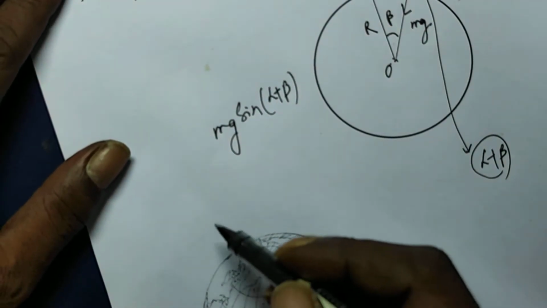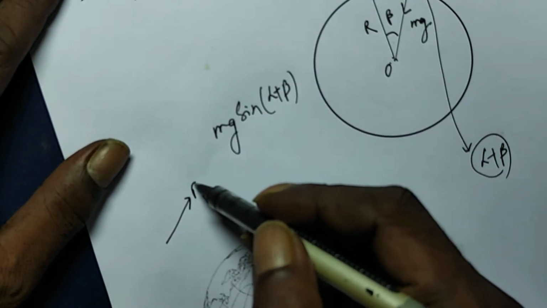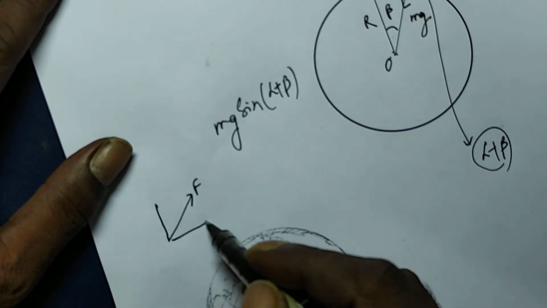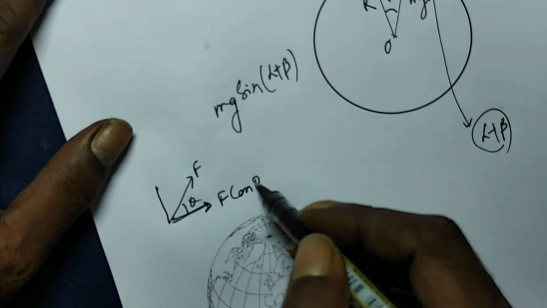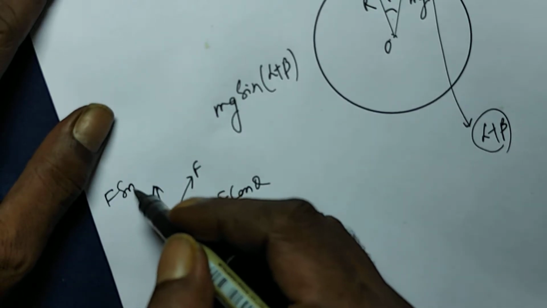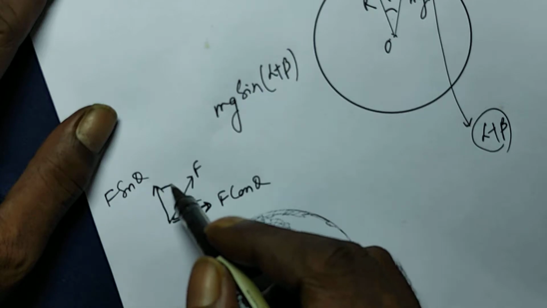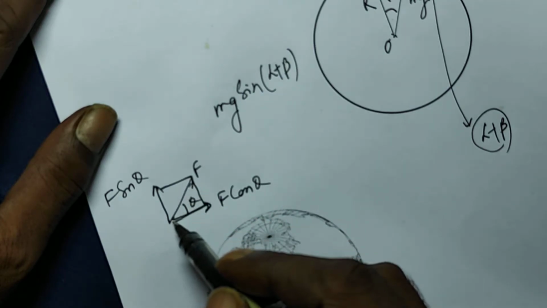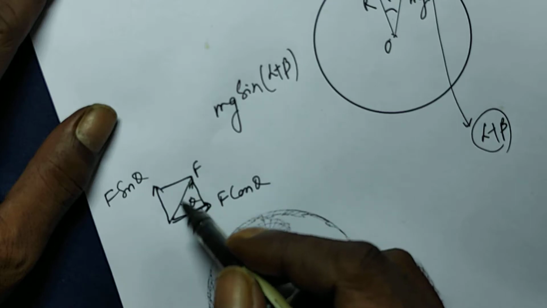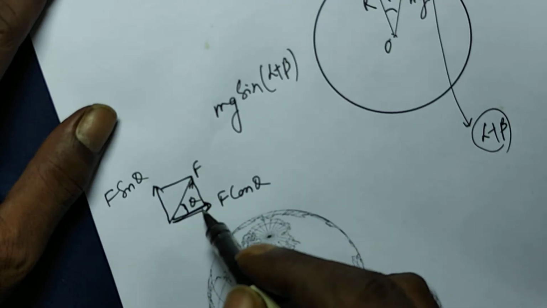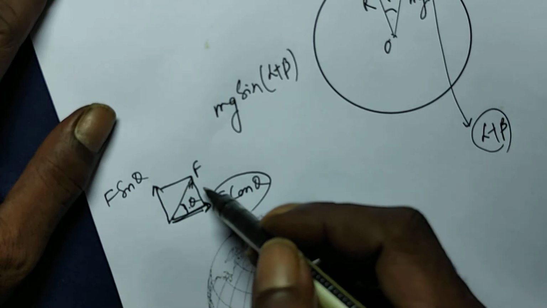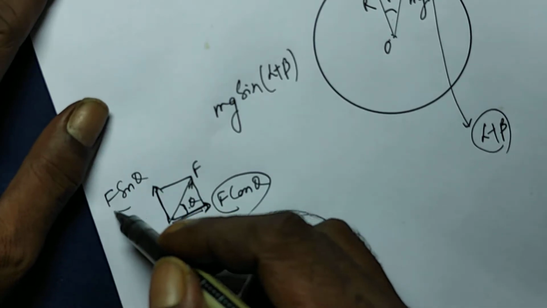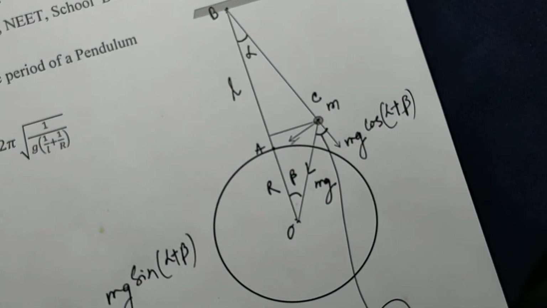Given a force like this, if this angle is theta, then this component becomes f cos theta and this component becomes f sin theta. How do you do so? If you take cosine of this angle theta in this triangle and cross multiply, you get f cos theta. And in this triangle, if you take a sine of this angle and cross multiply, you get this side as f sin theta.